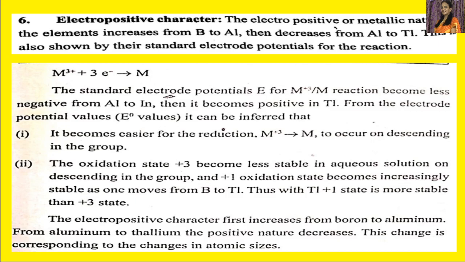What are the inferences drawn from these E° values? It becomes easier for the reduction, that is M3+ becomes M, where the addition of electrons is nothing but reduction.